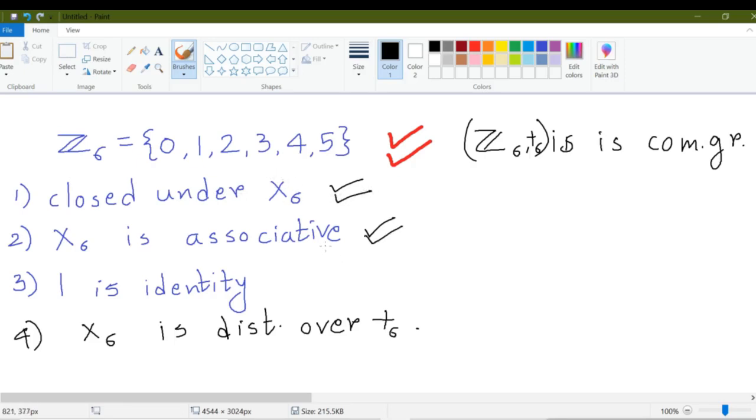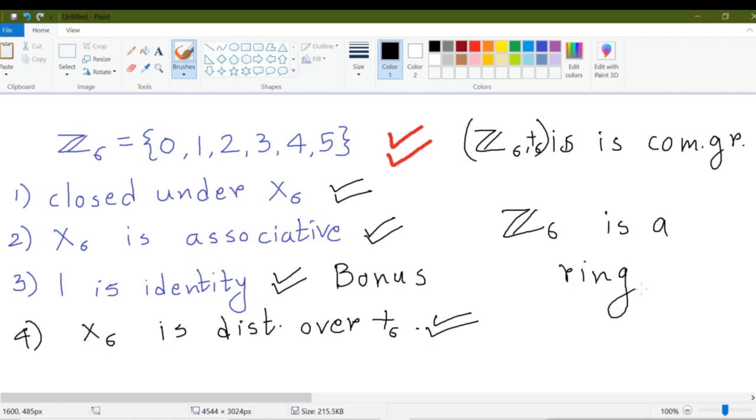It follows associativity for multiplication modulo 6. And multiplication is distributive over the addition. We have one extra property of existence of identity. This is our bonus. With all these properties, we can easily say that Z6 is a ring.